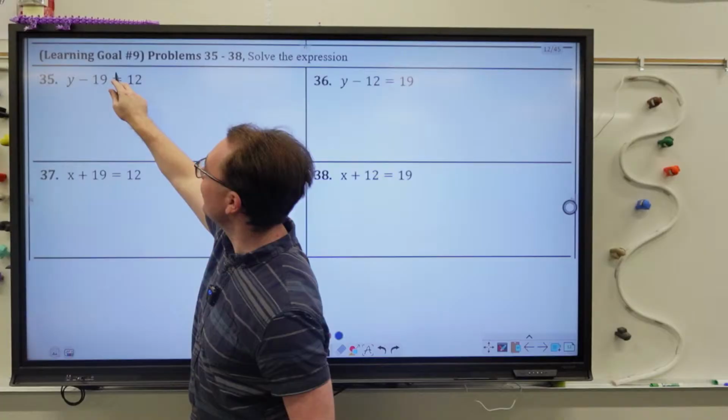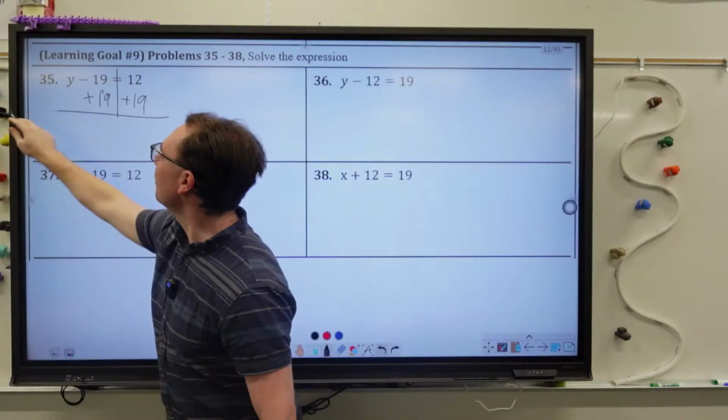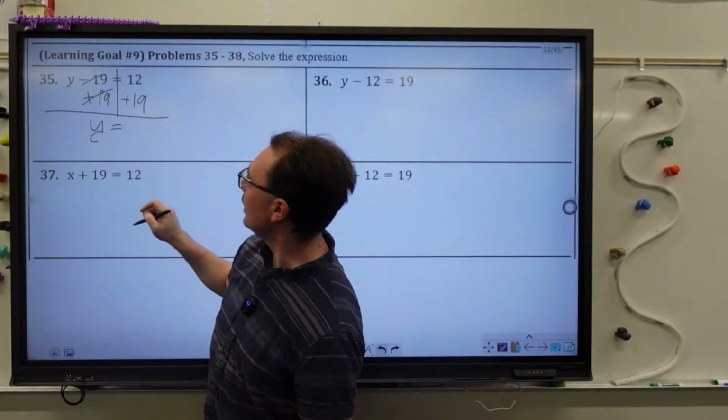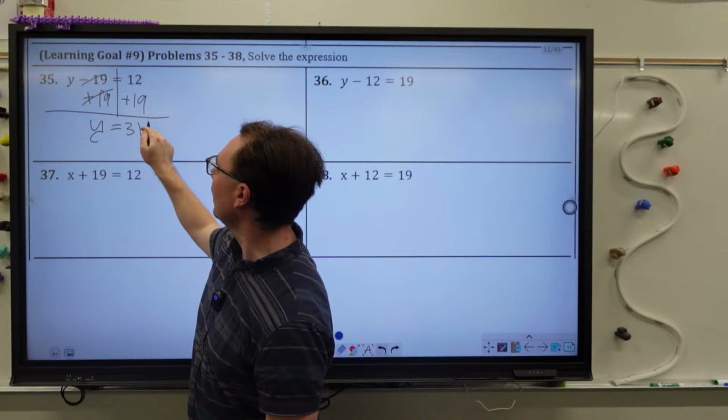So we add that 19, plus 19, to both sides. These two 19s cancel out because negative 19 plus 19 goes to 0. So it's a cancel out, leaving you just with y equals 12 plus 19 here, which gives us that 31. That there is our answer here.